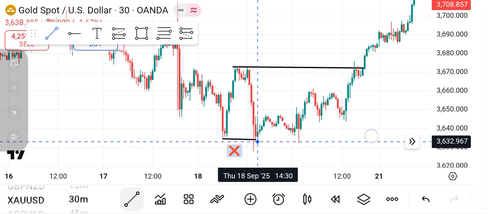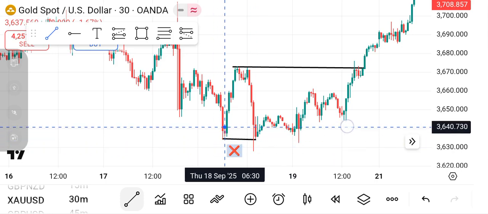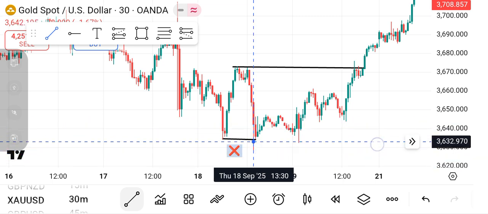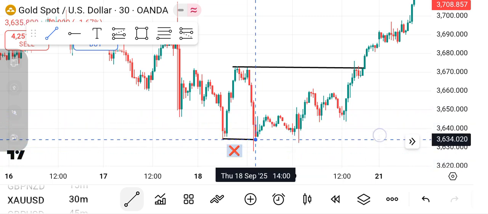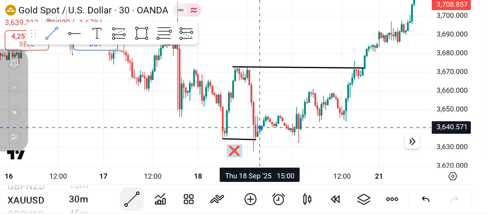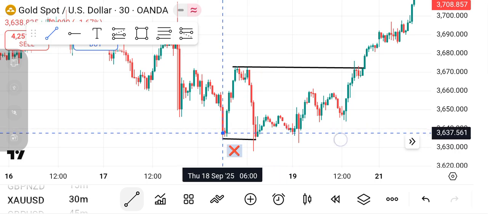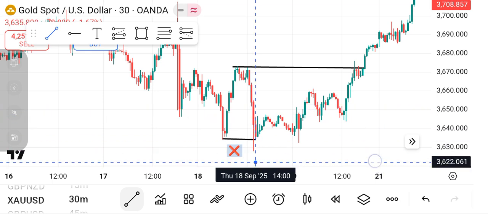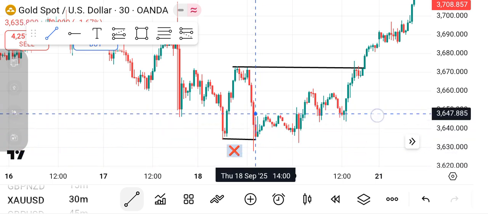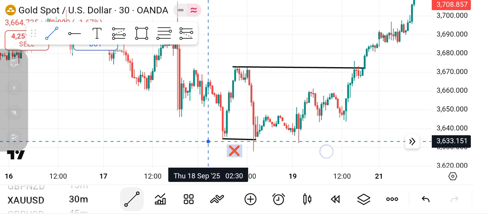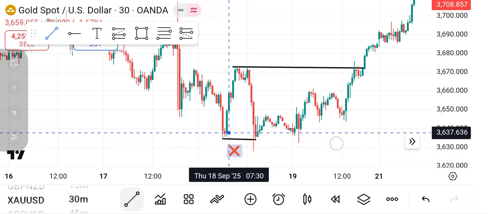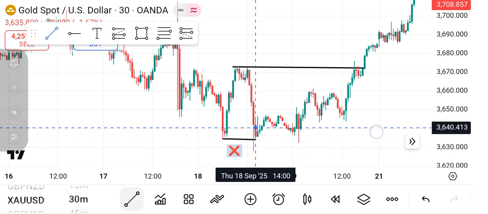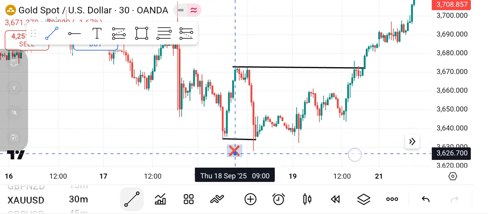Why? Because price took out this low liquidity with a candle wick, and not the body. So this is not a valid break of structure. This is just a sweep where price took out liquidity at this low.